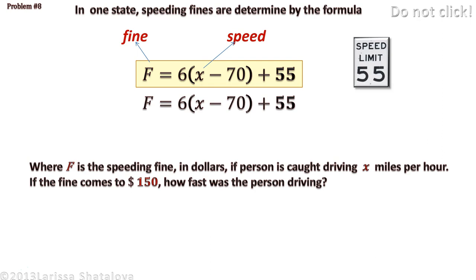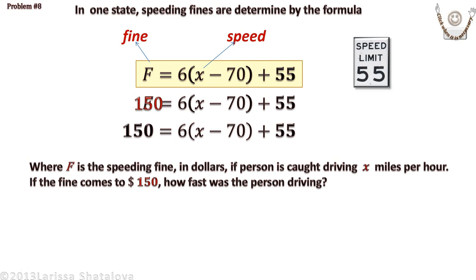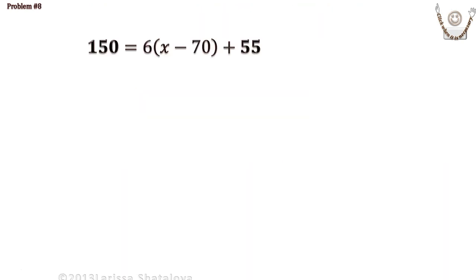Now, look into the problem one more time and you will see that F, which stands for fine, is $150. So it's a good idea now to replace F by 150, and now we have an equation which we know how to solve. Now we have to solve this equation for x.